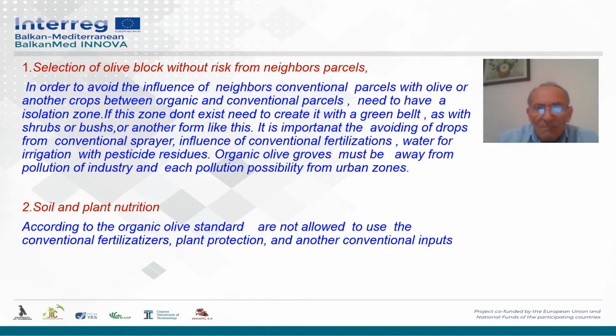It is important to avoid drops from conventional sprayers, the influence of conventional fertilizer, and irrigation water with pesticide residue. Organic olive groves must be away from industrial pollution and any pollution possibility from urban zones.